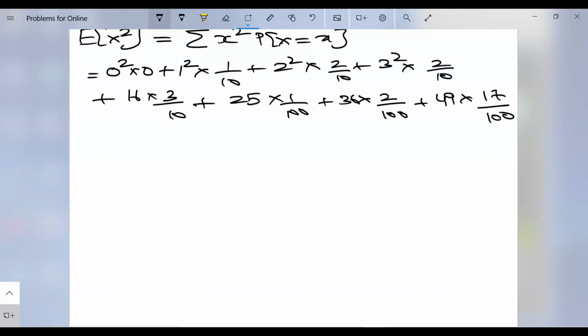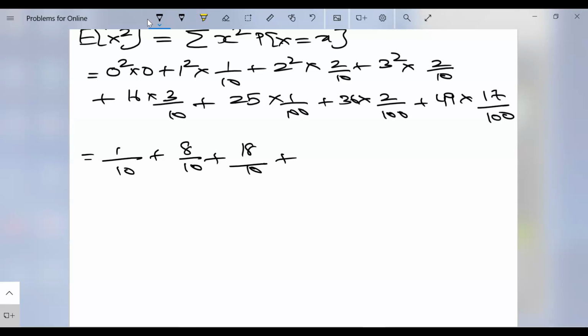But arithmetic, let me do it slowly. It's 1 by 10 at the first place. 2 squared is 4, 4 multiplied by 2 is 8, so 8 by 10. Plus the next one, 3 squared is 9, 9 multiplied by 2 is 18, so 18 by 10.